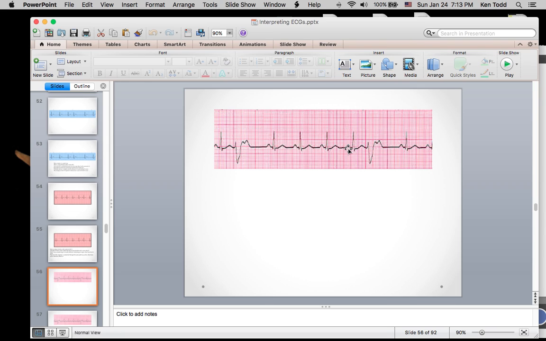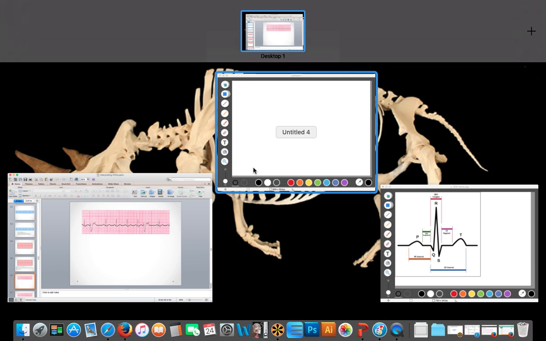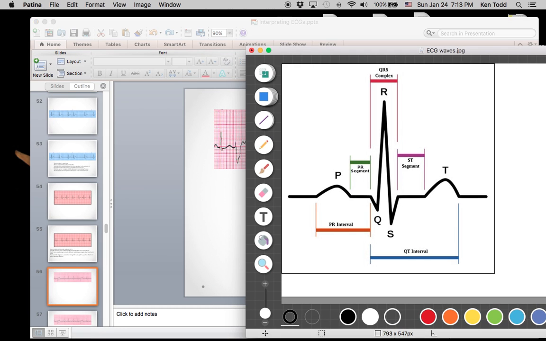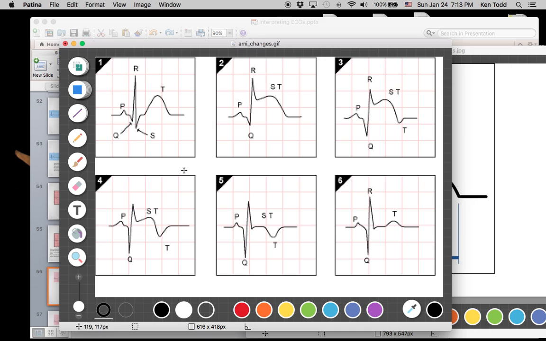There's no ST elevation in any of these. These are just kind of oddballs that don't count towards making that diagnosis. So you have to look at a normally conducted QRS to look for these types of things.